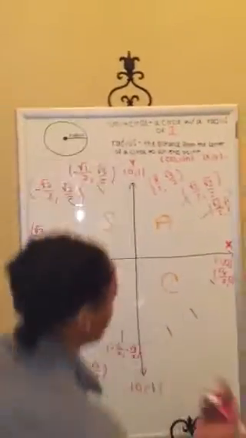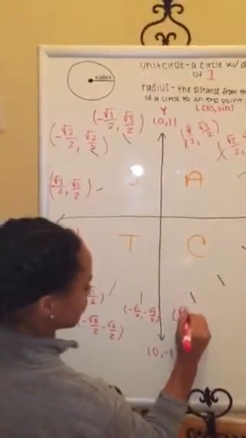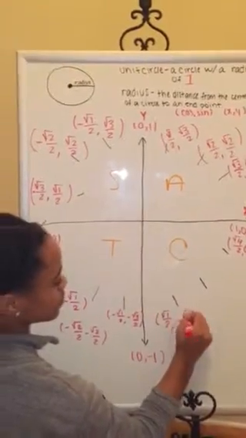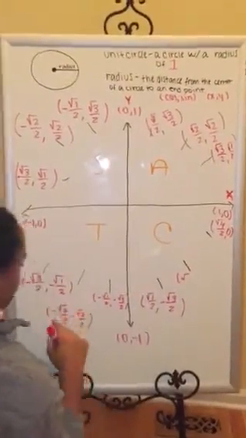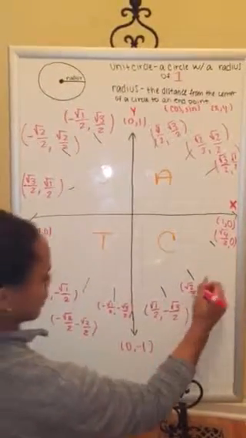So we reflect over the y-axis, and we have square root of 1 over 2. Sine is negative. Square root of 3 over 2. Square root of 2 over 2, and negative square root of 2 over 2.